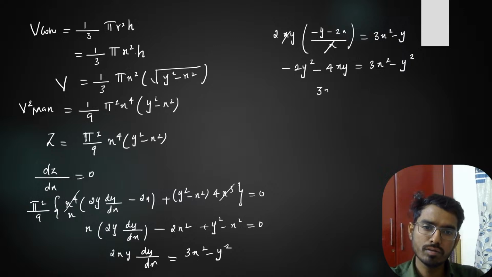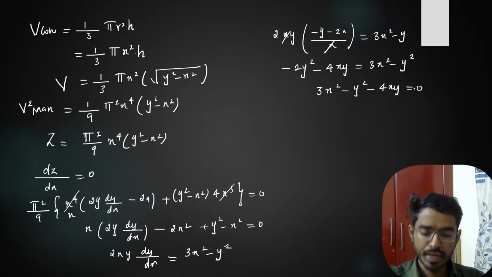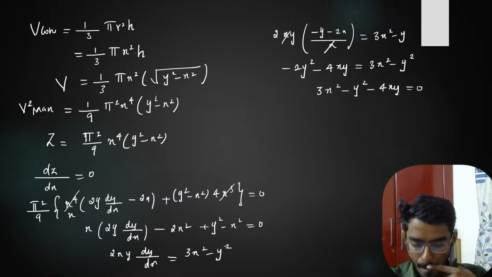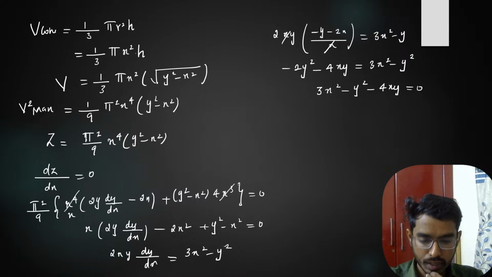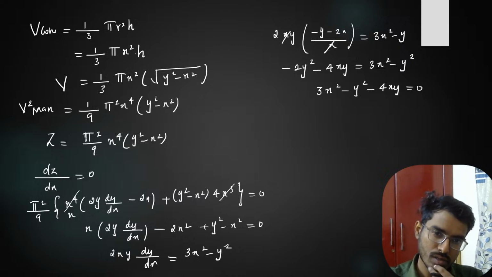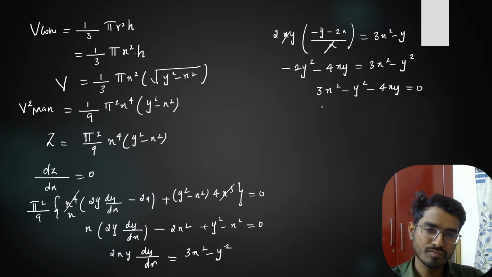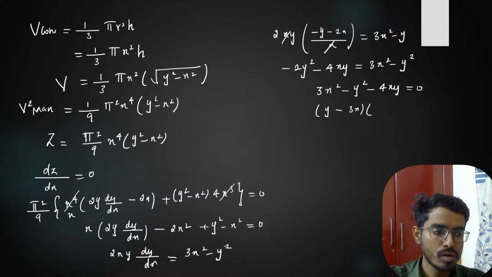So we have 3x square minus y square minus 4xy is equal to 0. Is it possible to write this as y minus 3x into y minus x? Factorize this.